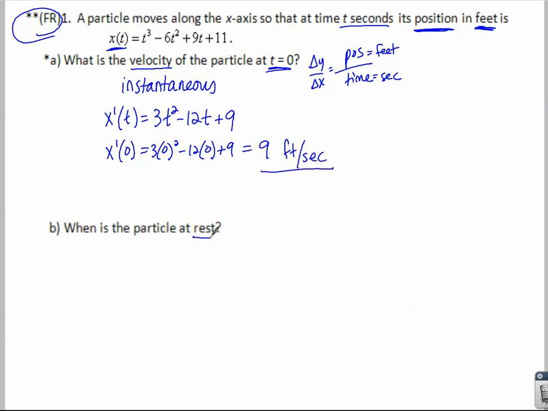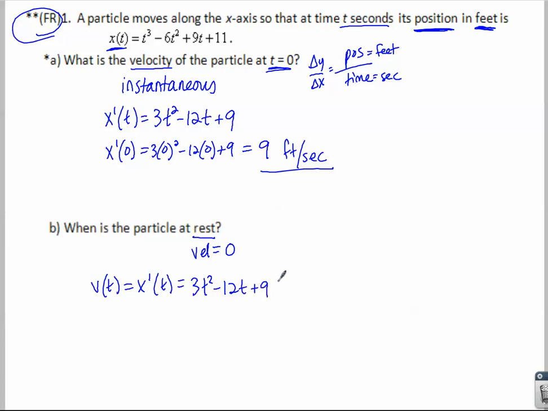When is the particle at rest? What does that mean, at rest? Not going anywhere, has a speed of 0, or a velocity of 0. The velocity is 0. Well, we found an expression for the velocity earlier. The velocity is that derivative that we found in part A, which is 3t squared minus 12t plus 9.